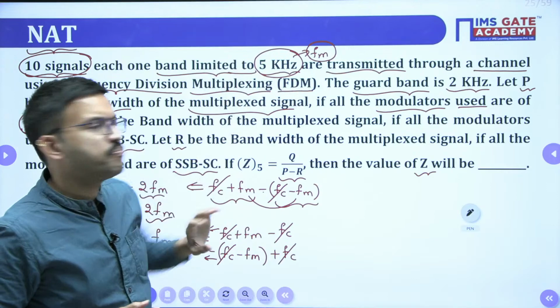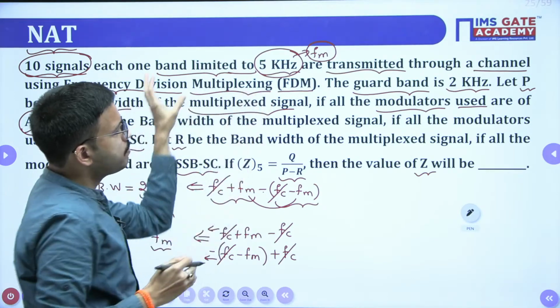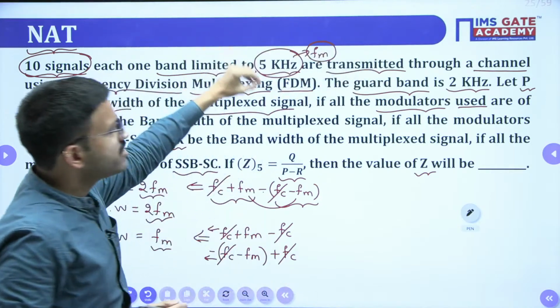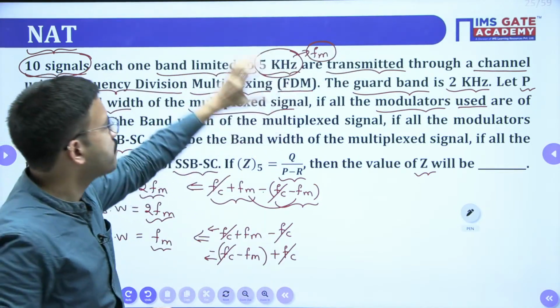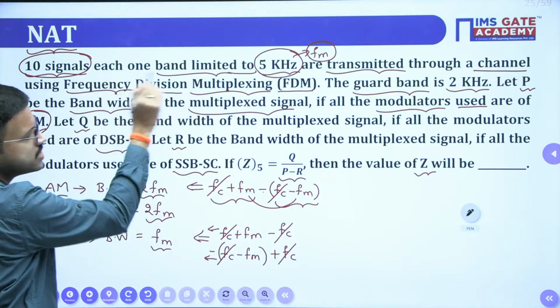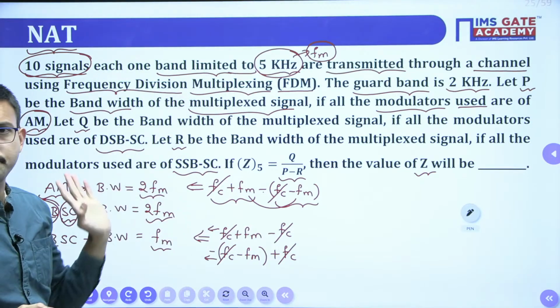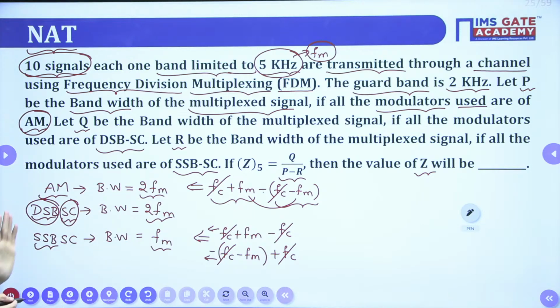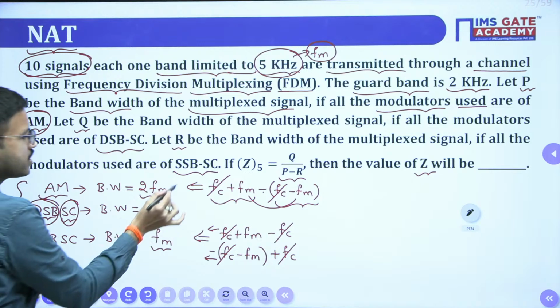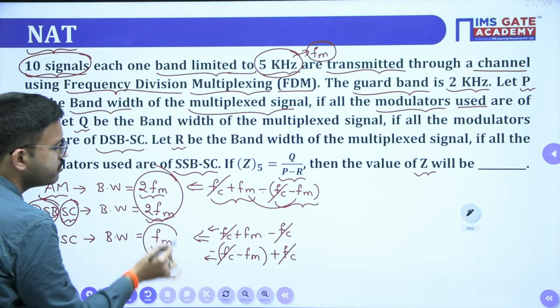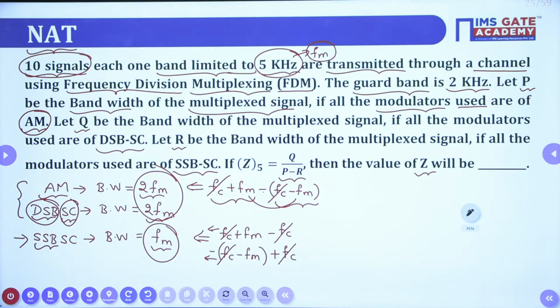If you have more than one message frequency, we consider the maximum among them. Here all signals have the same frequency, so the maximum remains the same. So for AM and DSBSC the bandwidth is 2 times FM, whereas for SSBSC it is FM.